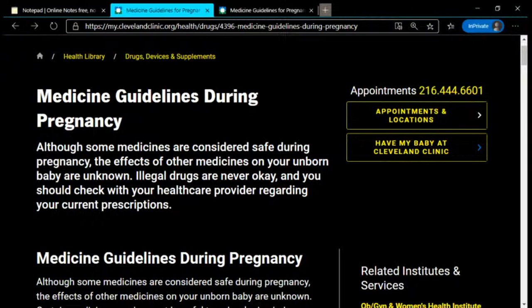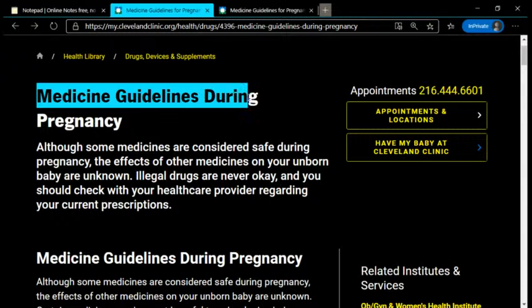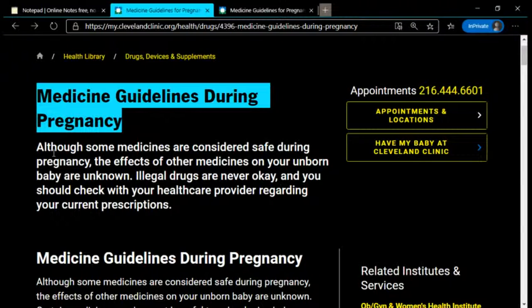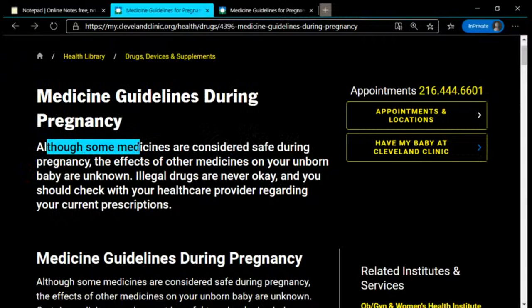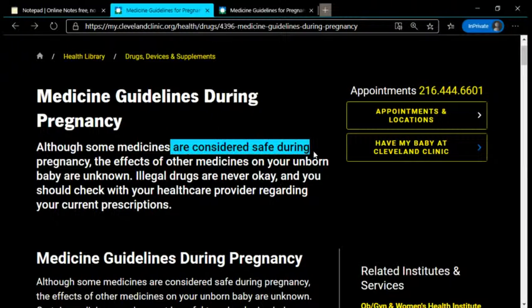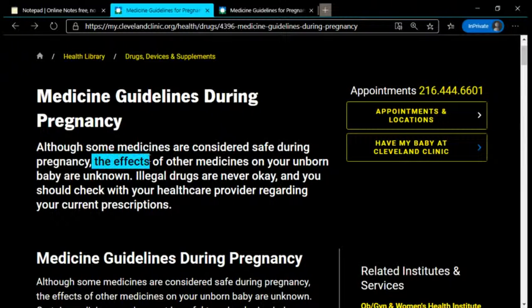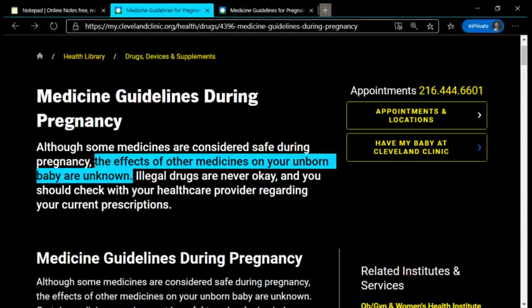Very interesting medicine guideline during pregnancy. We have, although some medicines are considered safe during pregnancy, the effects of other medications on your unborn baby are unknown.